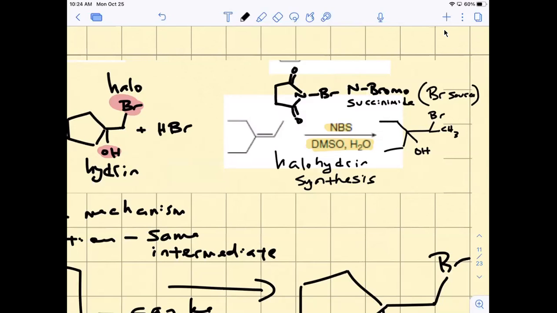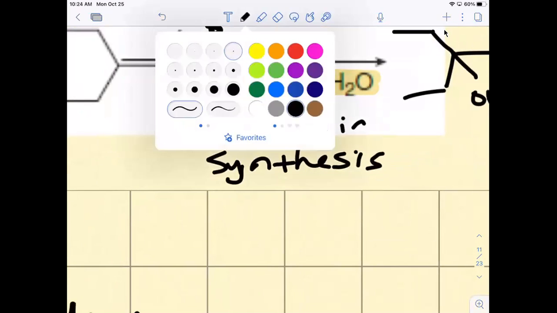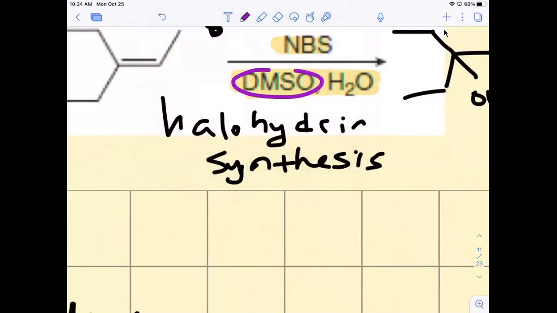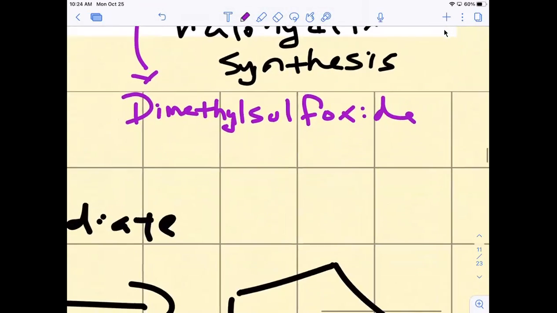And then here also, let me point this out. DMSO is a solvent. It doesn't react. That's your solvent along with water. It's a highly polar solvent, and let me just give you this, dimethyl sulfoxide. It looks like this.